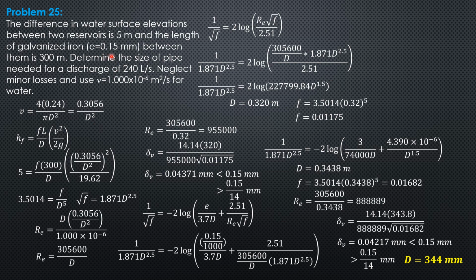If it is greater than e, then the pipe is smooth. If it is less than e over 14, the pipe behaves as fully rough. But if the thickness of viscous sublayer is between e over 14 and e, then it is in the transitional zone. So that's it. And remember, this is the last example.